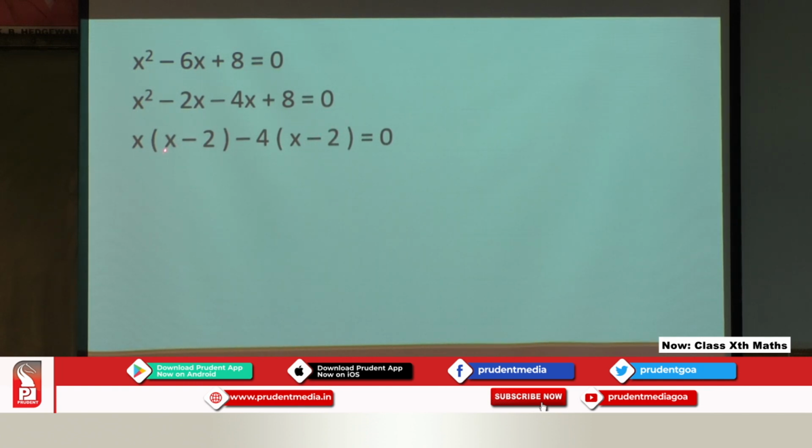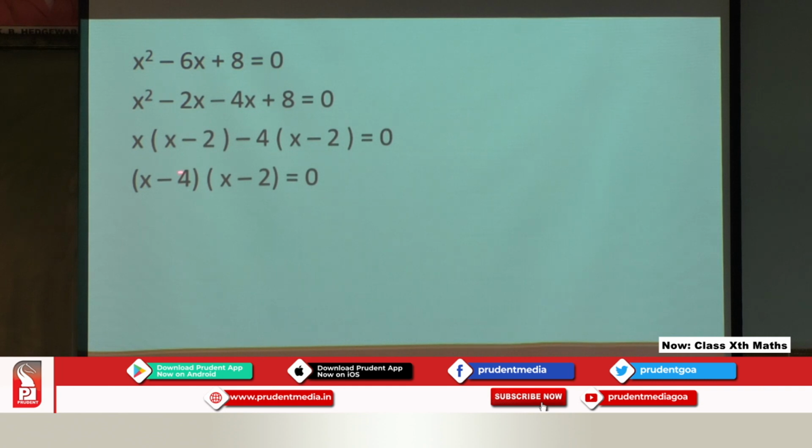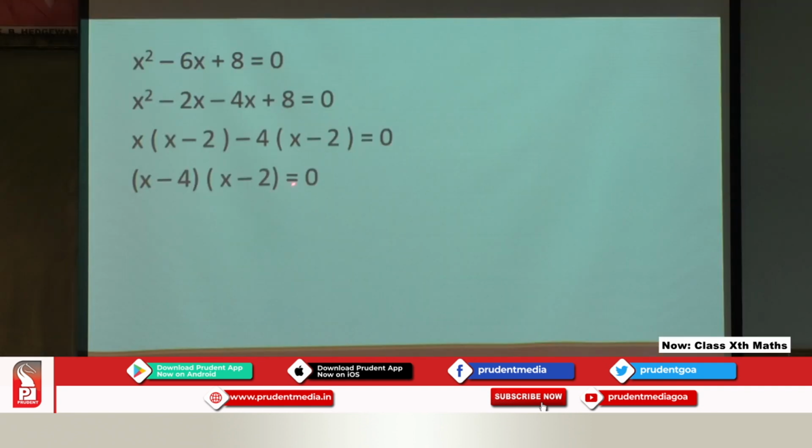Now you can see x minus 2 here, and x minus 2 here, they are common factors. Next step, x minus 4 I have taken in one bracket, and in another bracket x minus 2, since both are common factors I have taken only once, that is x minus 2, equal to 0.